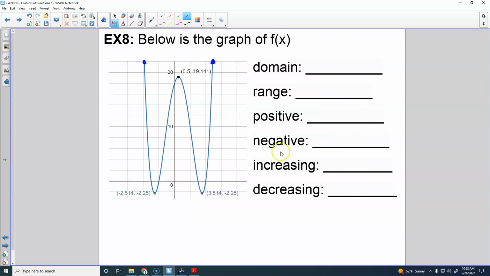Let's do this last one. Okay, so we don't even know what the function is for this one, but I have not labeled all the points that we need here. Let's add some labels. This one, I think, crosses at grid lines, so I think this is counting by 2s.